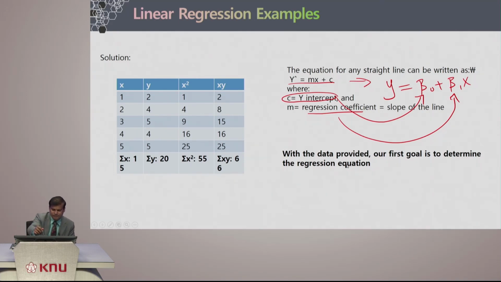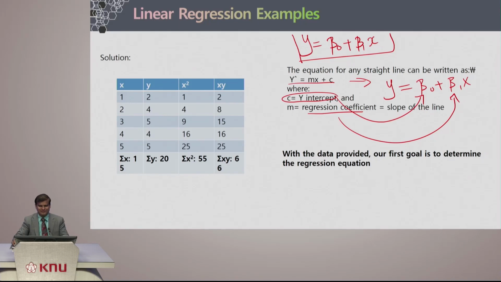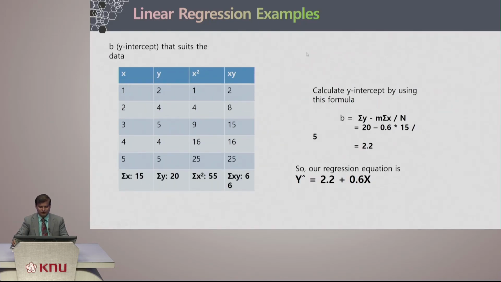The regression equation is similar to the equation that we have for the straight line with a slope, and we find the y intercept, that is beta naught, and finally you come up with this regression equation. With this regression equation you can actually predict the values for y for any given x input. So that's the objective of this model.